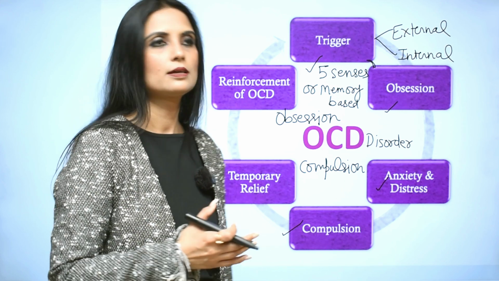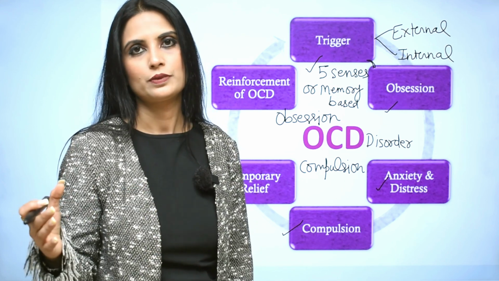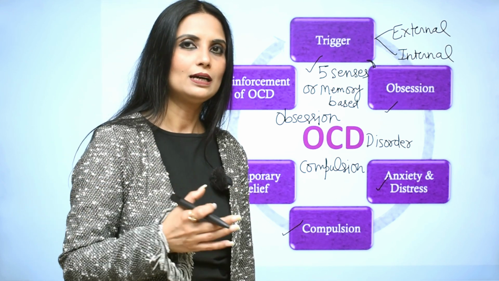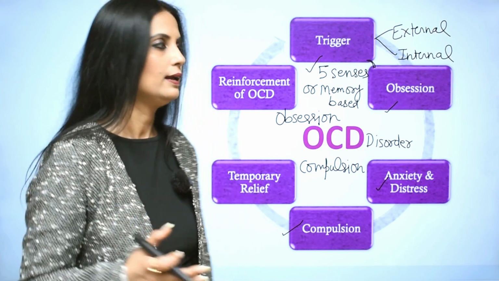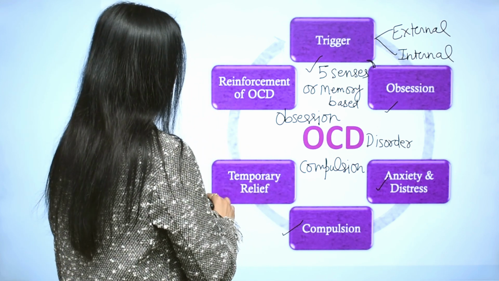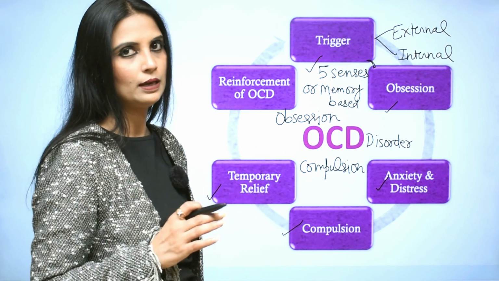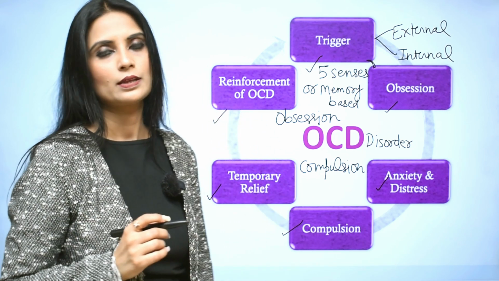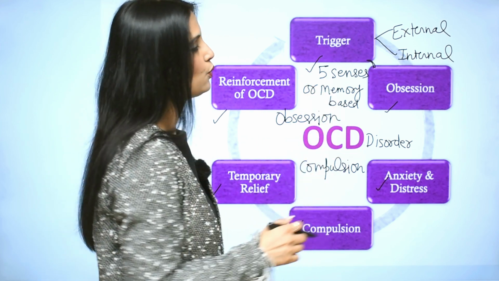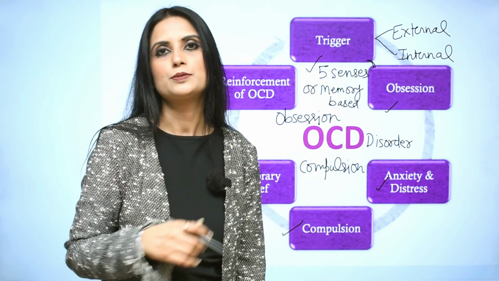And compulsions can be repetitive, meaning you do it one time but you are not satisfied. You are again repeating it. And when you do a compulsion, you feel temporary relief, but it reinforces your OCD. And this is how the OCD cycle keeps going on.